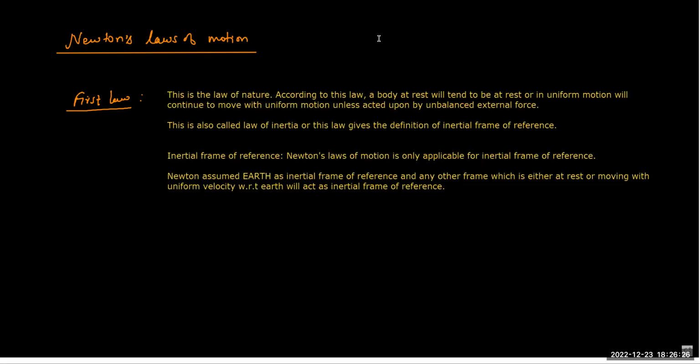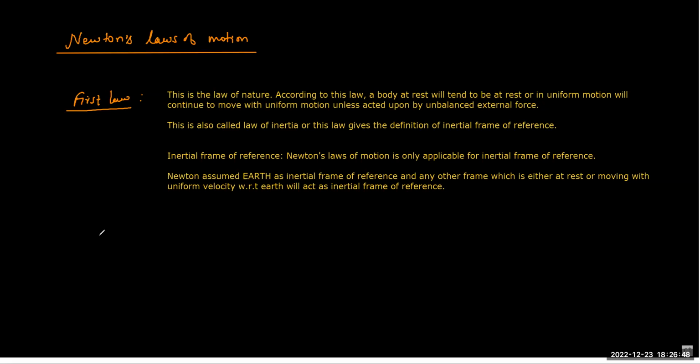All right. So what is the purpose of the first law? The first law not only gives the idea of inertia, but the first law is also a way to understand a frame of reference, which we now call the inertial frame of reference.